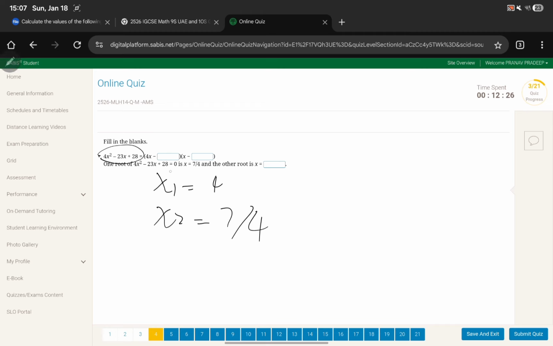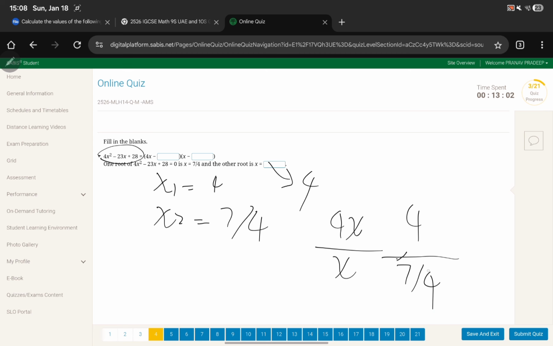One root of this equation is 7 over 4, and this one is going to be 4. And over here, if you just check, 4x squared is just the product of 4x and x, and here it's going to be 4, and over here it's going to be 7 over 4.